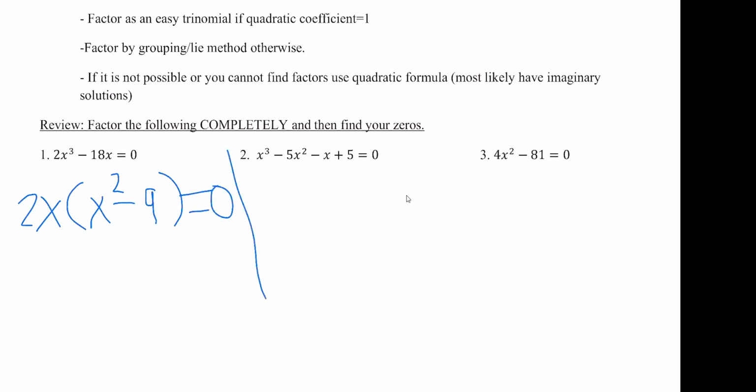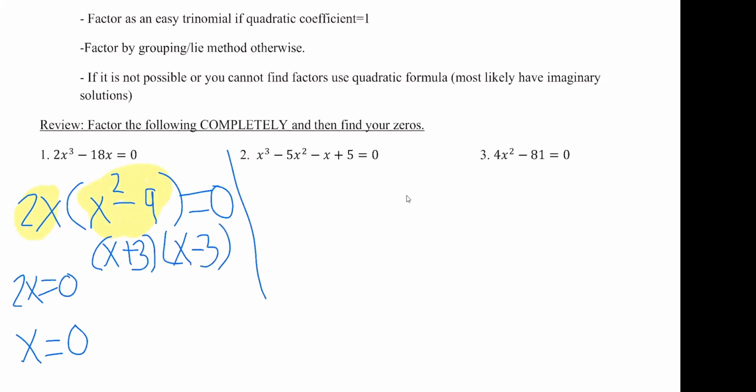And then we're going to see, can we solve each one of these pieces? For this, I would just set 2x equal to 0. So I would just get x equals 0. For this, if you recognize, this is a difference of squares. So remember, x squared minus 9, you could rewrite that as x plus 3, x minus 3.